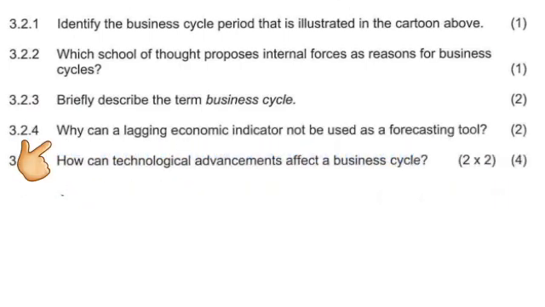In 3.2.4, it says, why can a lagging economic indicator not be used for forecasting? Forecasting means to project or to predict the future, and we are talking about a lagging economic indicator. If you know your economic indicators, which we also did in that video, you know that a lagging indicator is a type of indicator whose effect you see after the cycle has already happened.